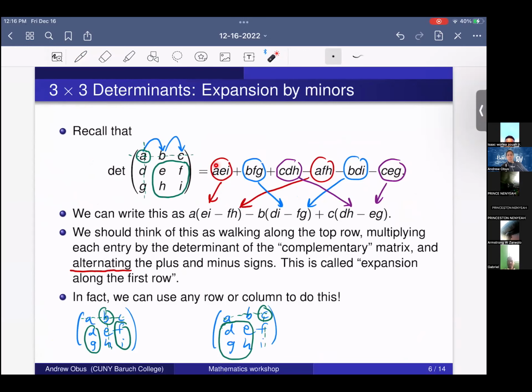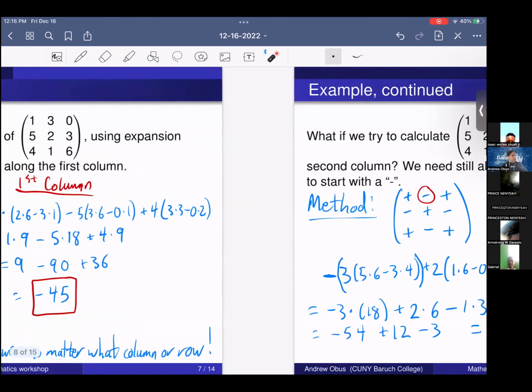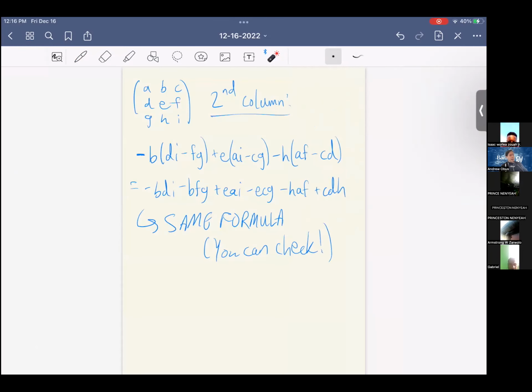You can check it in the notes, it's the same. But if you start with plus and then minus and then plus, you're not going to get the right thing. You're actually going to get the negative of this. So you're going to be off by a negative if you don't start with the minus term. Okay, so it turns out that if you start here with a minus and then a plus and then a minus, that you end up getting the same formula for the determinant. Okay, so does this answer your question?